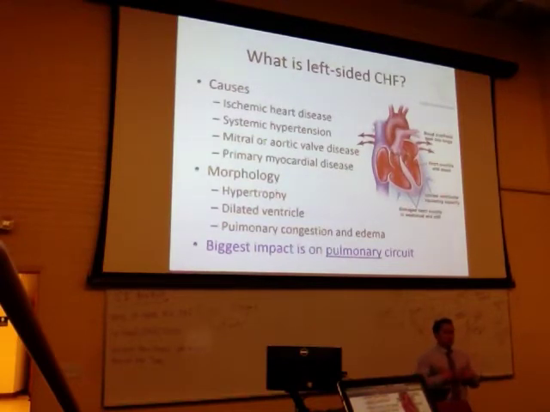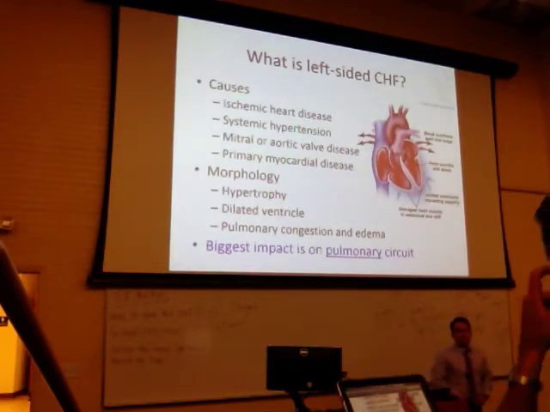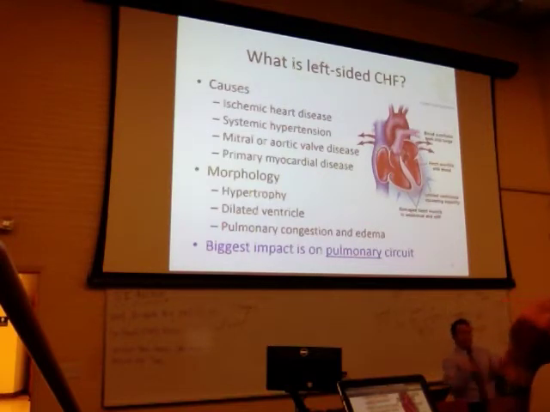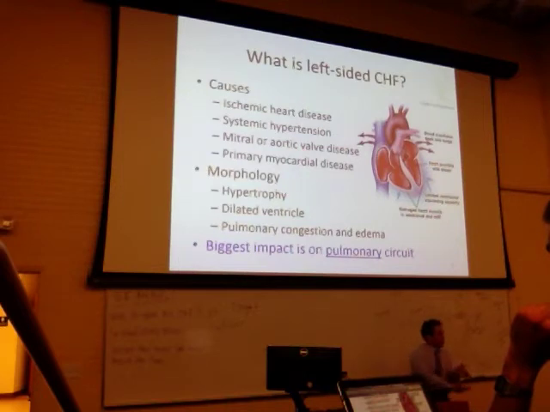Patients are struggling to get a deep breath. As soon as you give them a diuretic and decrease blood volume, they have this relief: oh, I can actually take a deep breath. That's what these patients will say: it's really hard to take a deep breath, I feel like I can't get a really good breath, my breathing is very shallow. That's the feeling.